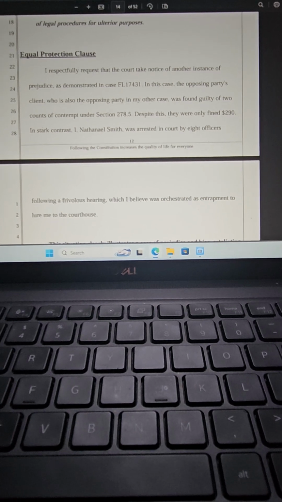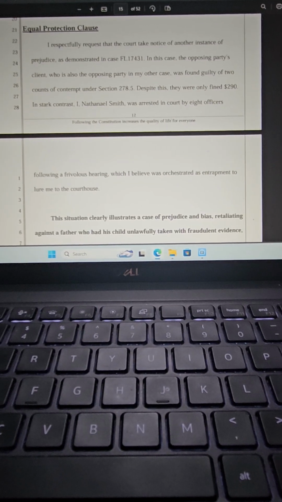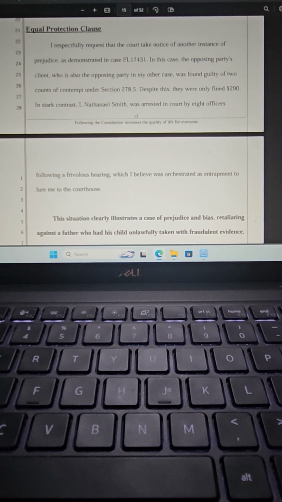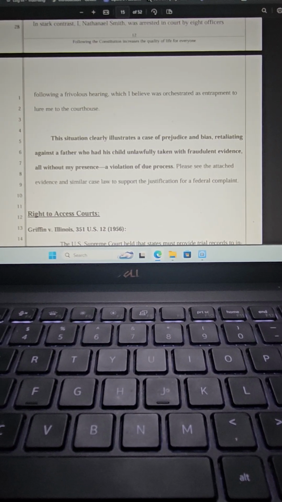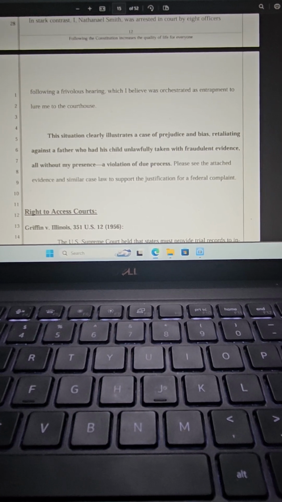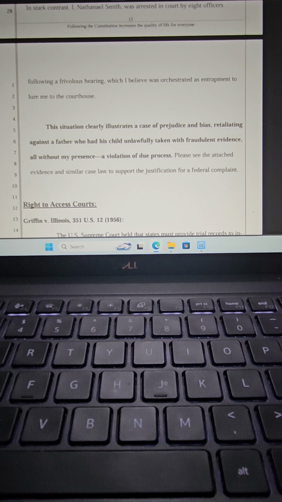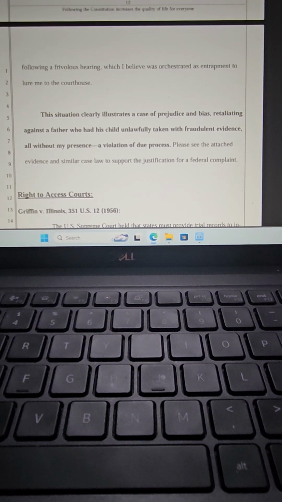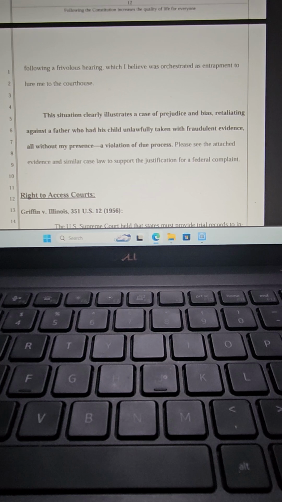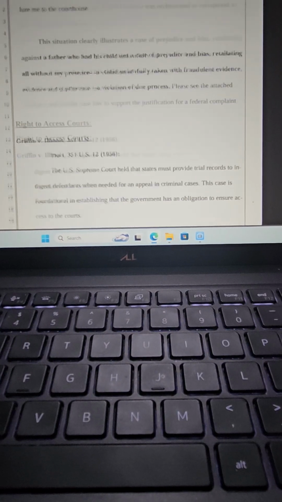In stark contrast, I, Nathaniel Smith, was arrested in court by 8 officers following a frivolous hearing, which I believe was orchestrated as entrapment to lure me to the courthouse. This situation clearly illustrates prejudice and bias retaliating against a father who had his child unlawfully taken on fraudulent evidence without my presence, a violation of due process. Please see attached evidence and similar case law to support the justification for a federal complaint.